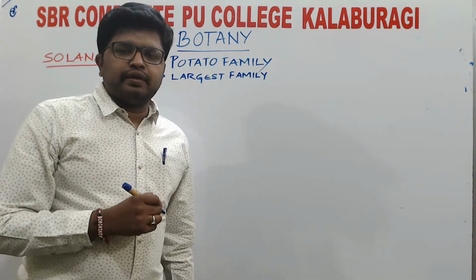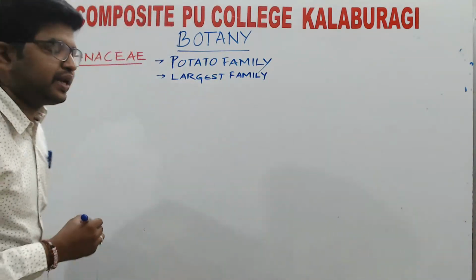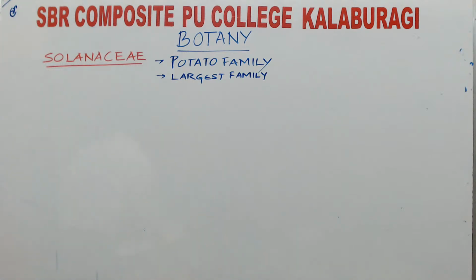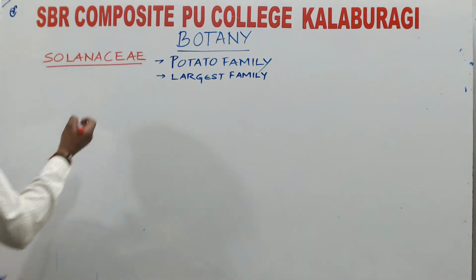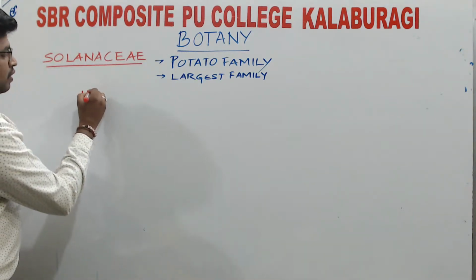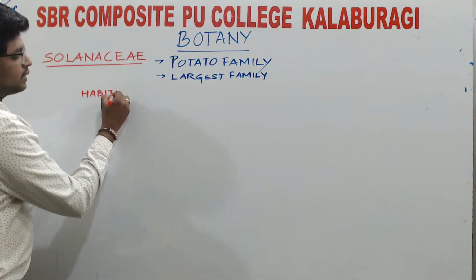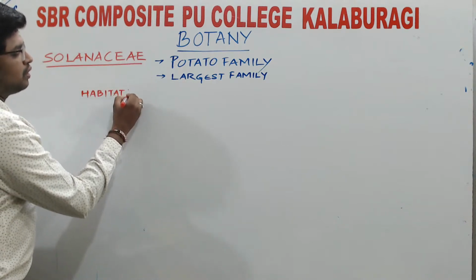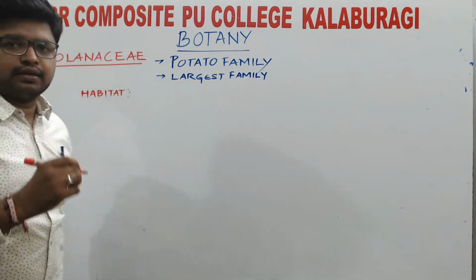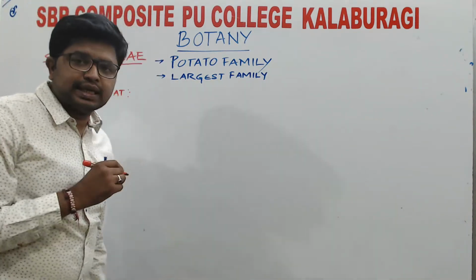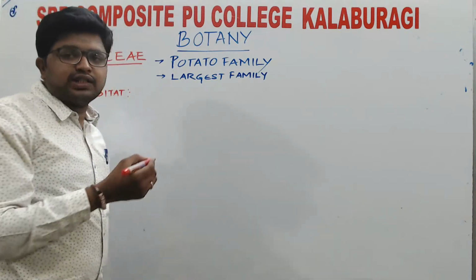The first important thing we need to consider is the habitat. Now, what is the habitat? Yesterday, I explained the characters we are going to write. The first one is habitat, where it is found.